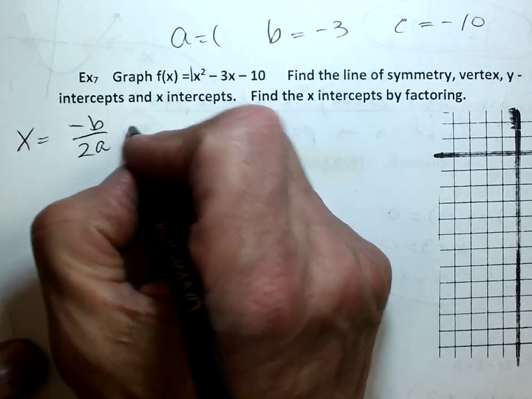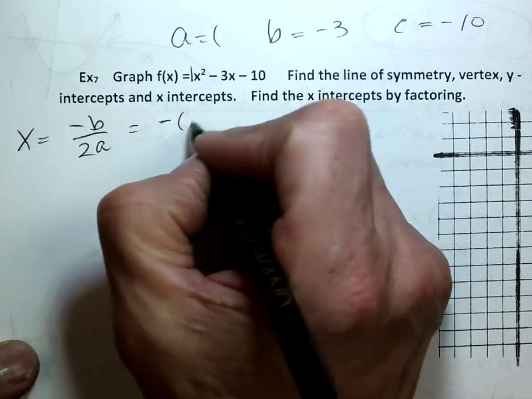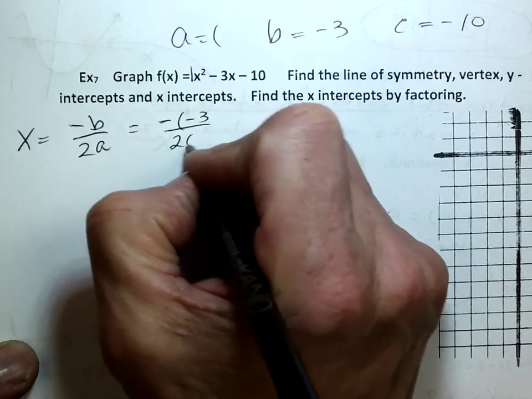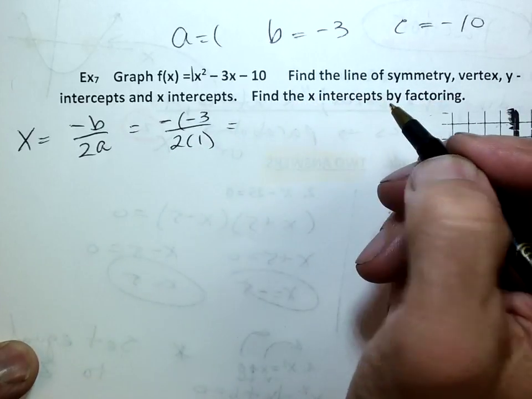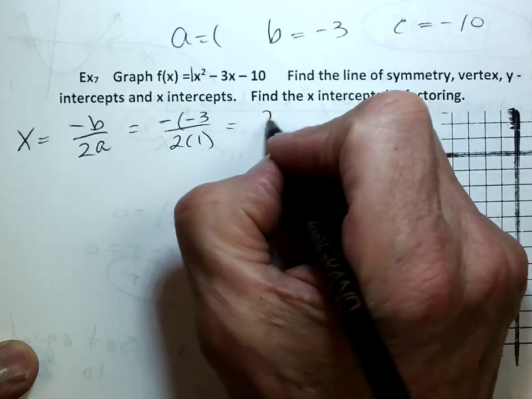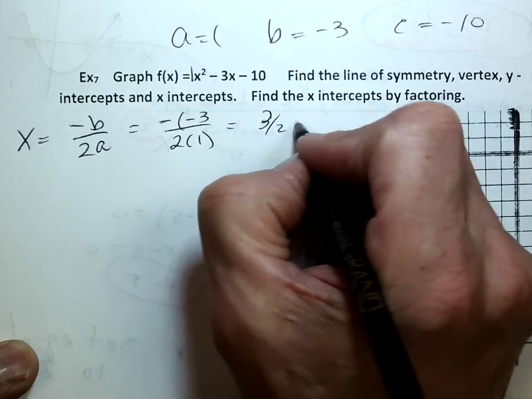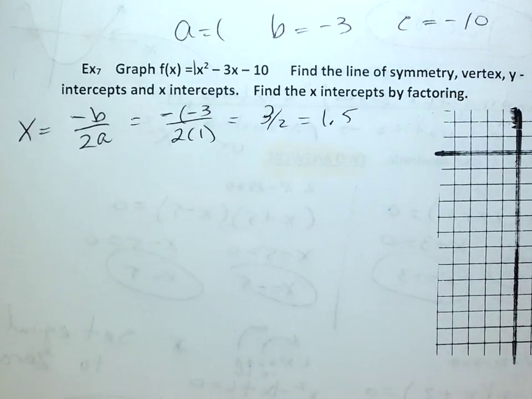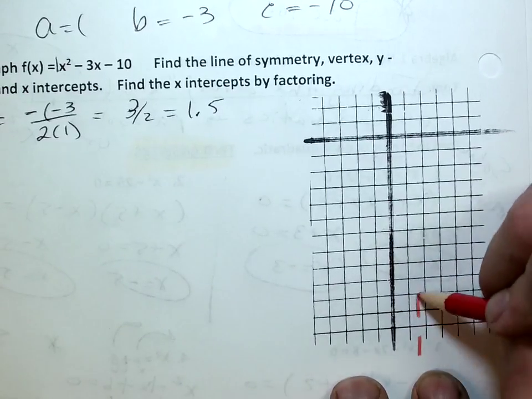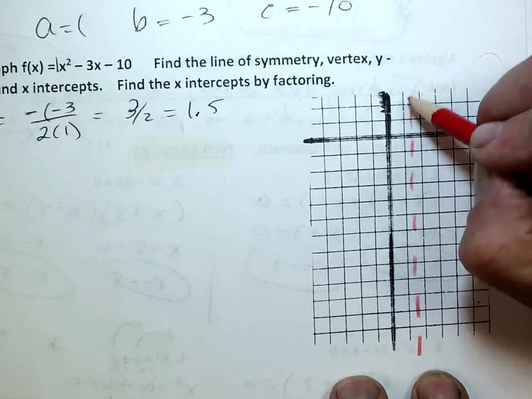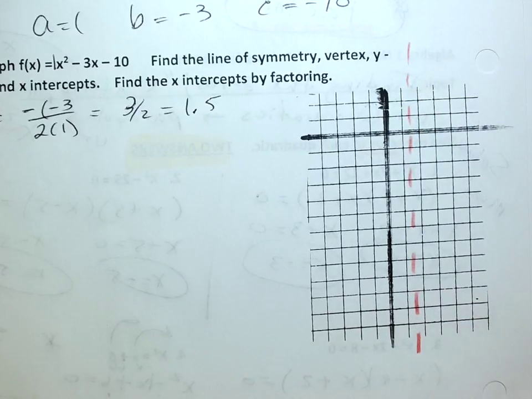Okay? So my line of symmetry is going to be -3 over 2 times 1, which is a 3 over 2, which is a 1.5. Okay, so on my graph, I'm going to take a look at 1.5. There's my line of symmetry. Okay with that?